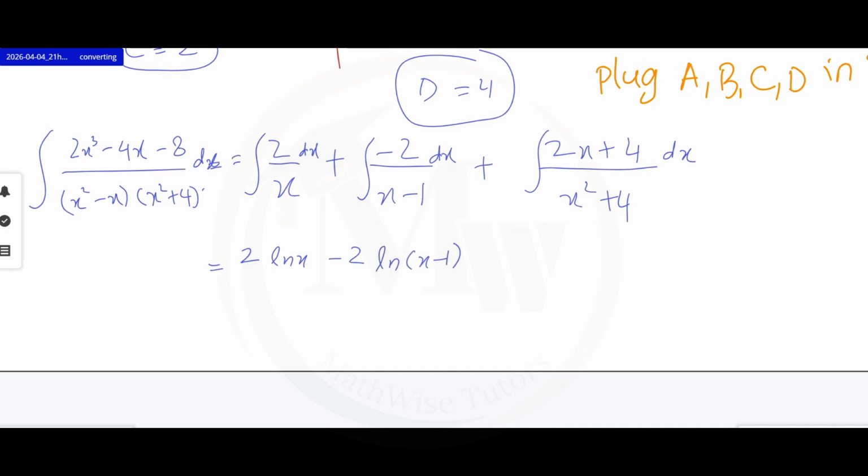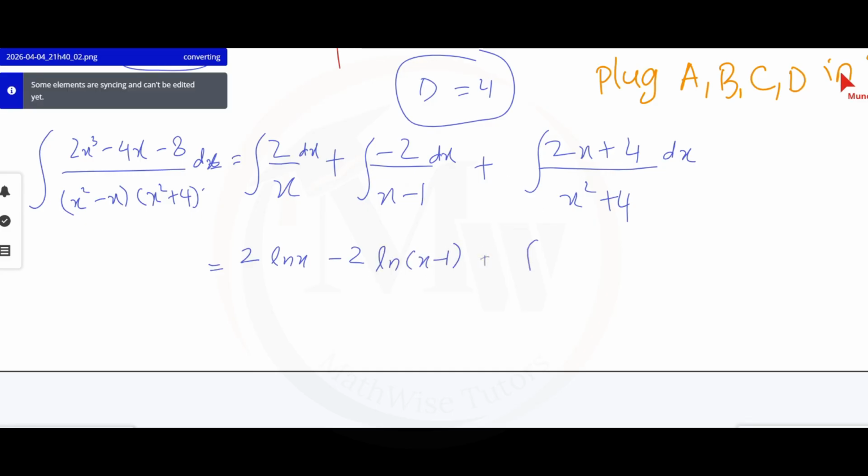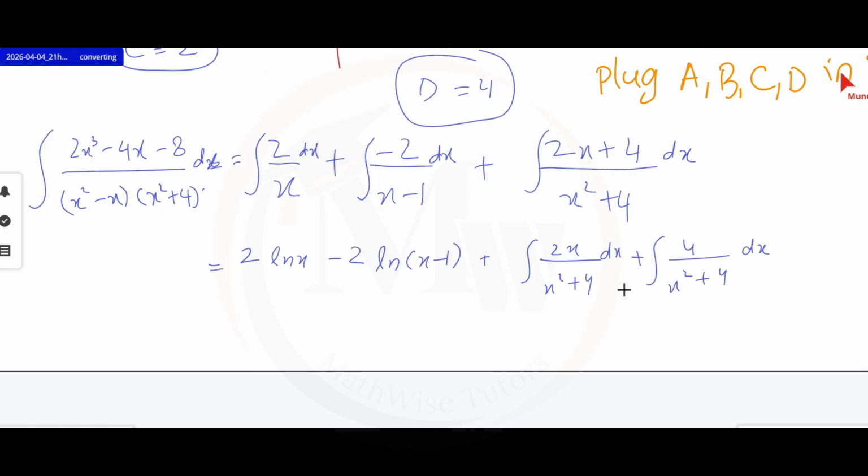And what about this term? So separate this term, it will be 2x over x square plus 4 and plus 4 over x square plus 4. We'll apply the integration on both terms separately. So what about the first term? What is the derivative of x square plus 4? The derivative of x square plus 4 is 2x, and the derivative is already placed above.